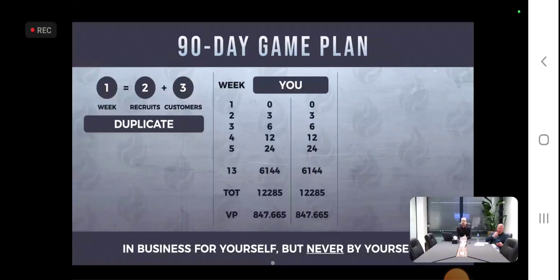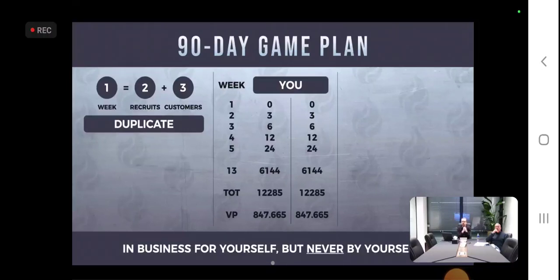That means that in week 1, you're alone. You're the only recruit and you have 0 customers. But you find 2 recruits and 3 customers. Then in week 2, you start to duplicate. That means that the people that you recruited in your first week, 1 left and 1 right, you help them get their 3 customers and you help them find their 2 recruits.